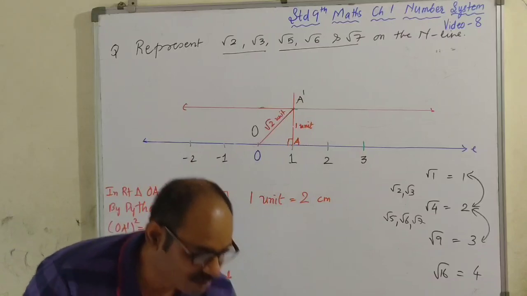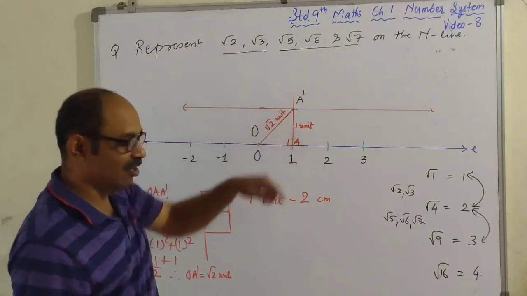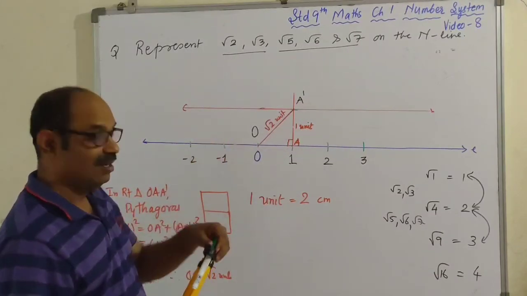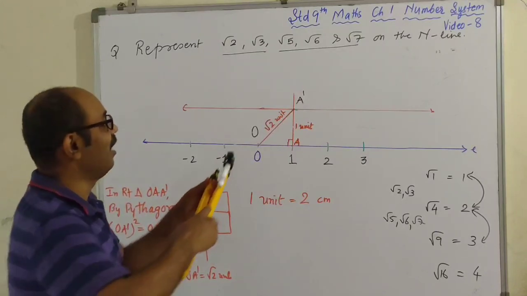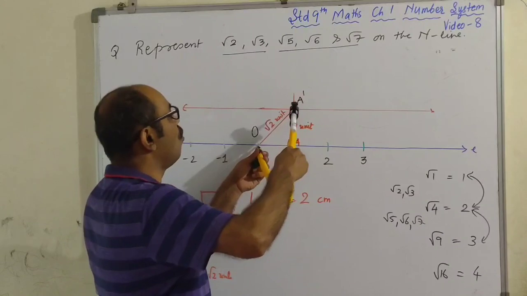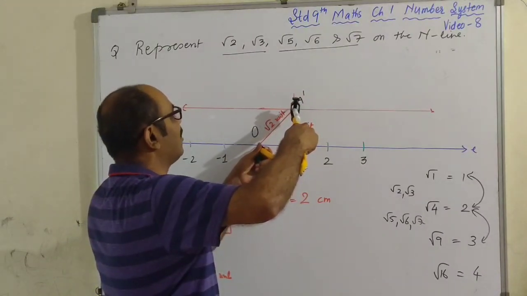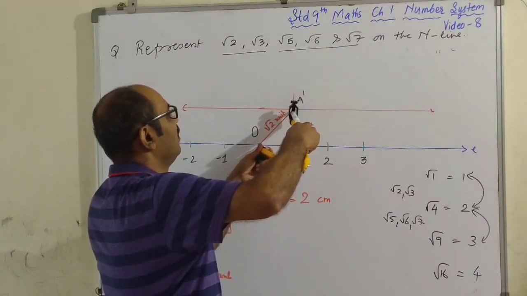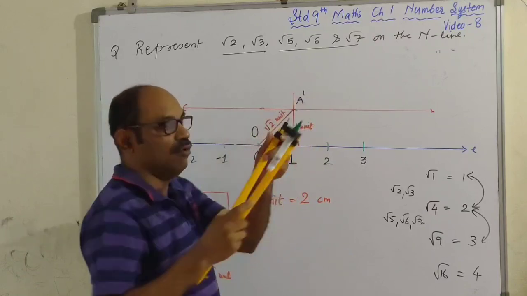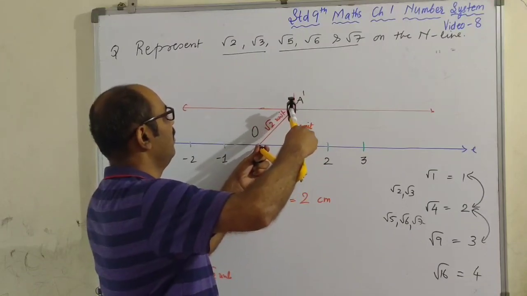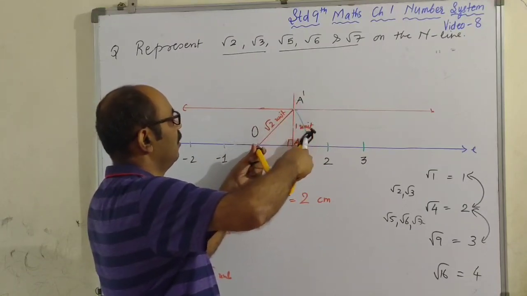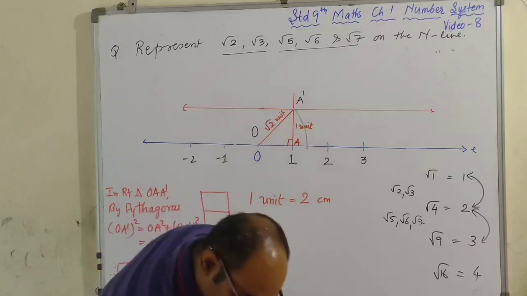Now, projection of root 2 units on the number line. So, drawing the circle as I showed you yesterday. But this time the radius has to be OA dash. Correct? This is OA dash, which is root 2 unit. Fine. There it is.